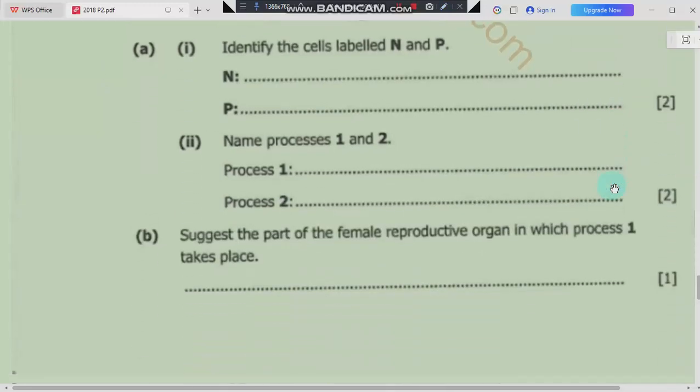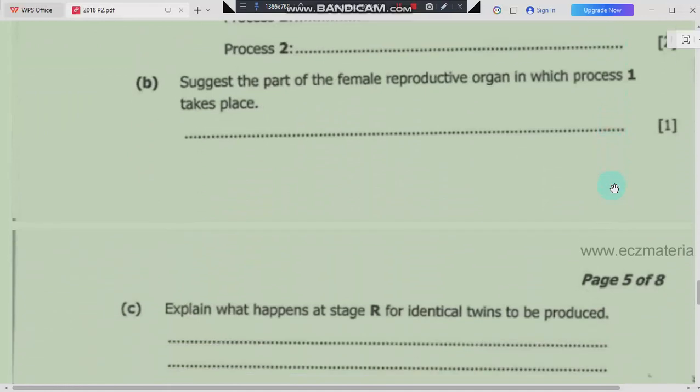The next question says, we've answered this one, the part of the female reproductive organ, and C says, explain what happens at stage R for identical twins to be produced.